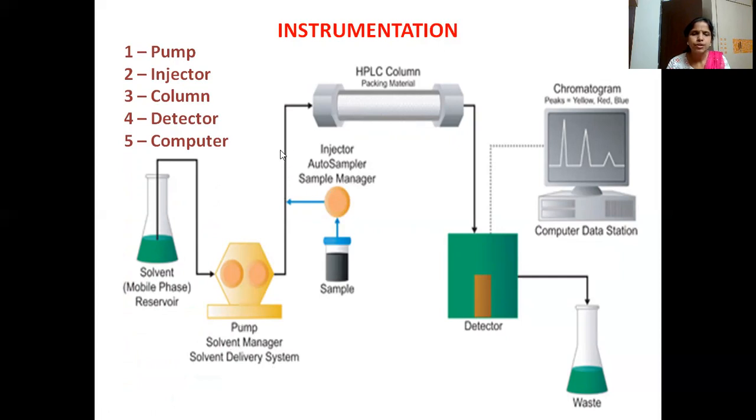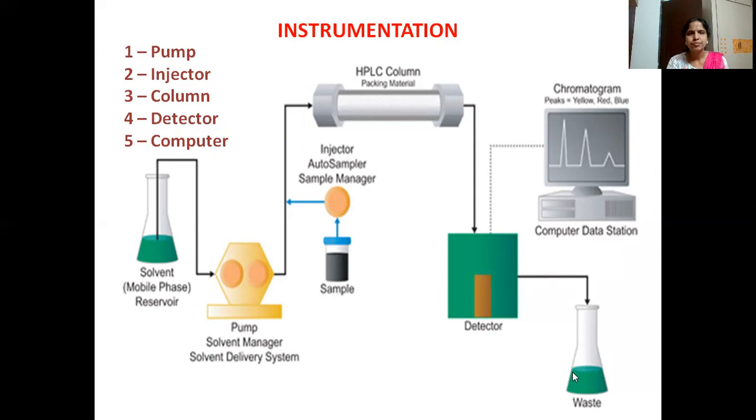Because of this high pressure, both the mobile phase and the sample will now enter into the HPLC column, where the separation will take place, and then the components which are separated will be detected by the detector, and this detector is connected to a computer where you will get a chromatogram. And the waste material, that is the waste solvent, whatever is coming out, is collected in a beaker.